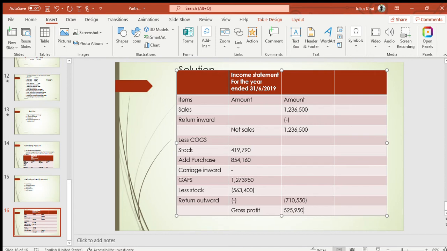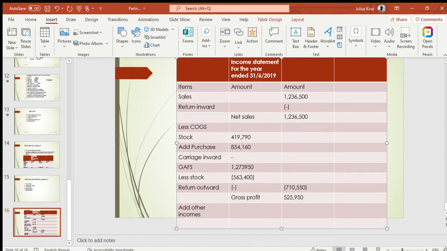Now, what are we adding? You add what? Other incomes. So from the question, what is the other incomes? Which are these items of other incomes? There is provision for bad debts.